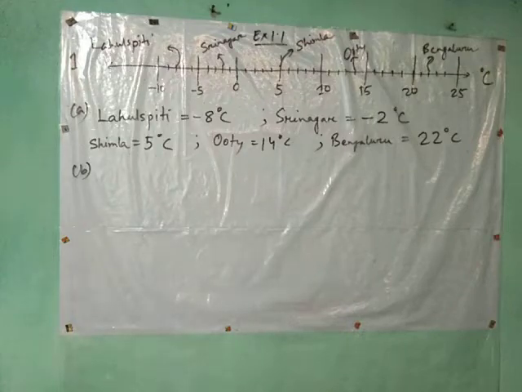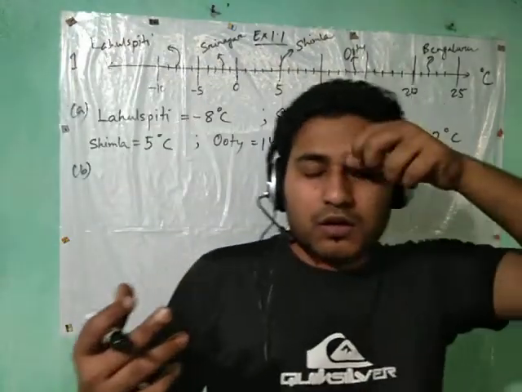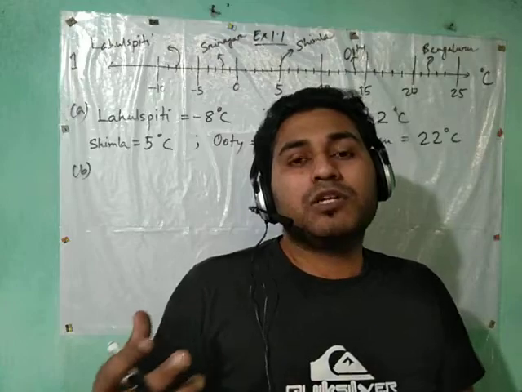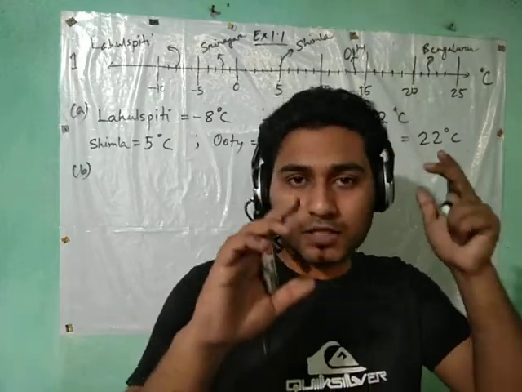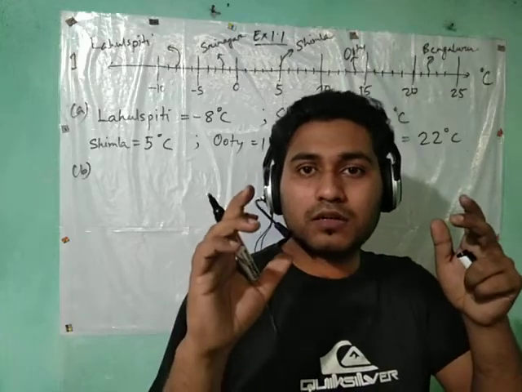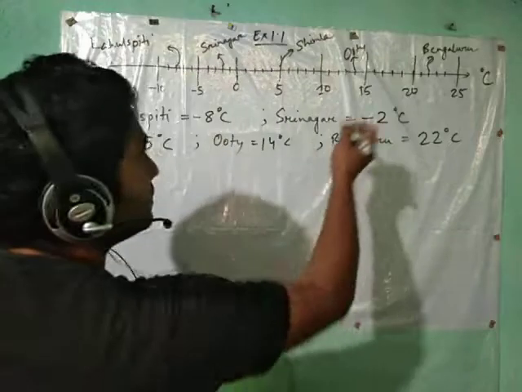Suppose one is +5 degrees centigrade and the other is +10 degrees centigrade, in which temperature will you feel something hot? In 10 degrees centigrade you will feel hot. That means if it is more positive, then the feeling of hotness will be more. Understood? So this will be the hottest place.